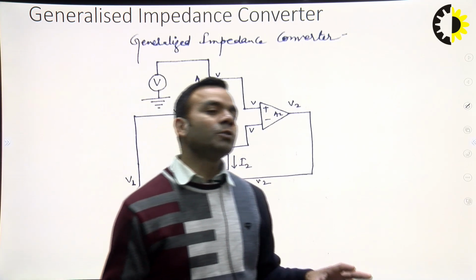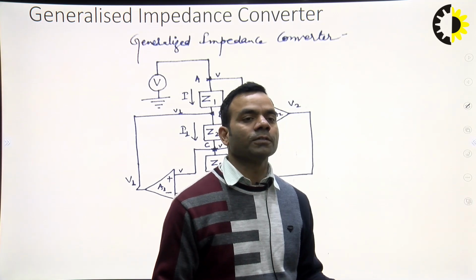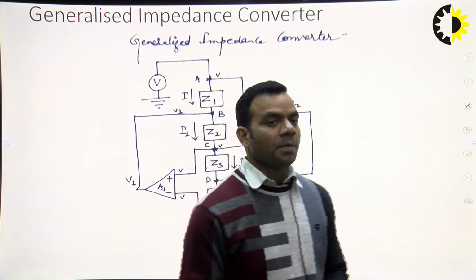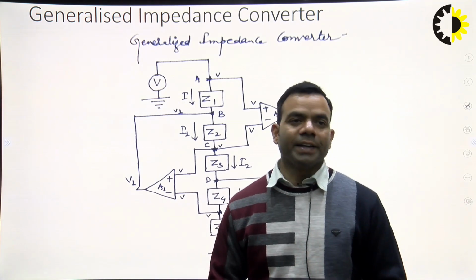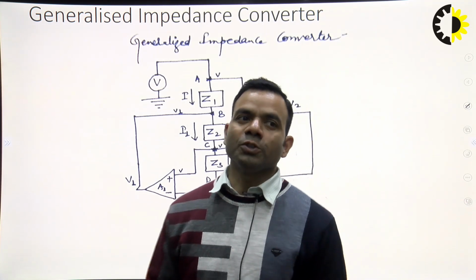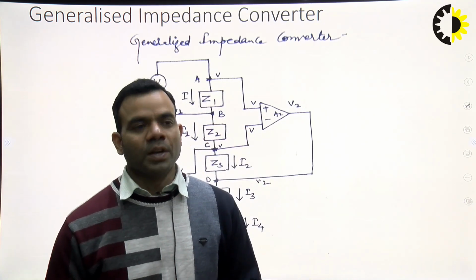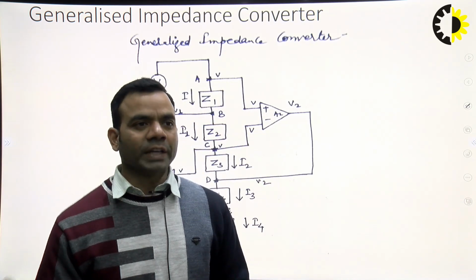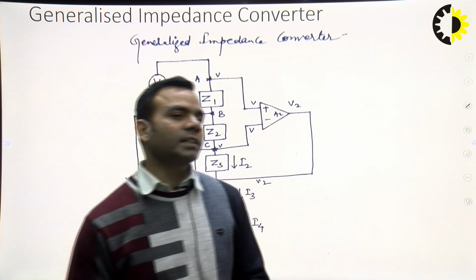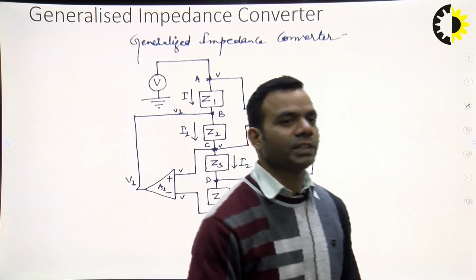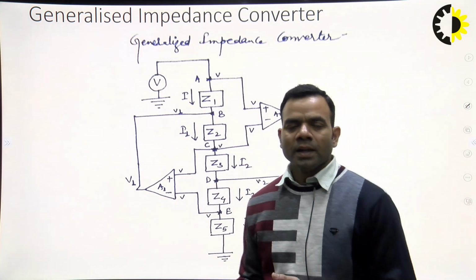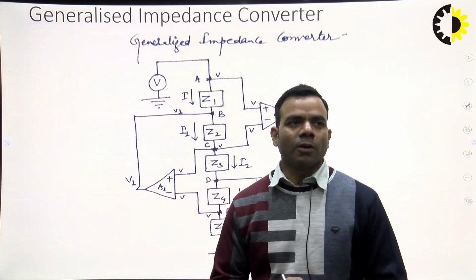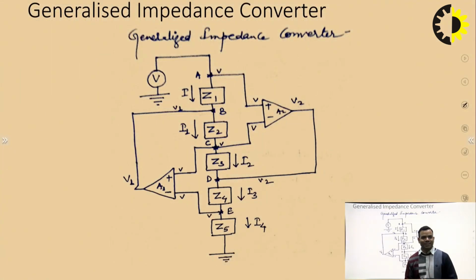So, generally we used to avoid the use of inductors. But by using this circuit, soon you will come to know that we can realize inductor without using inductor actually. We can obtain the response of inductors with the help of capacitors and resistors. So, this is the most important aspect of generalized impedance converter.